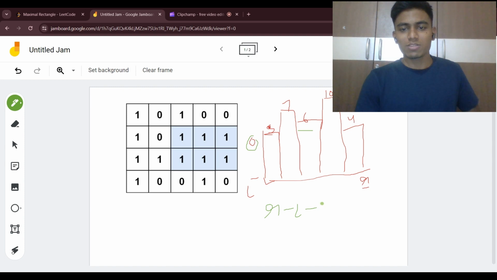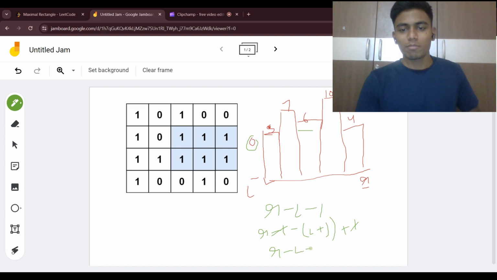If you want to derive this, then the length is going to be r minus l plus 1. So the r is going to be r minus 1, and the length is going to be l plus 1, and then again we are going to consider plus 1. So if we do this, plus 1 and plus 1 will get cancelled, and it is going to be r minus l minus 1.